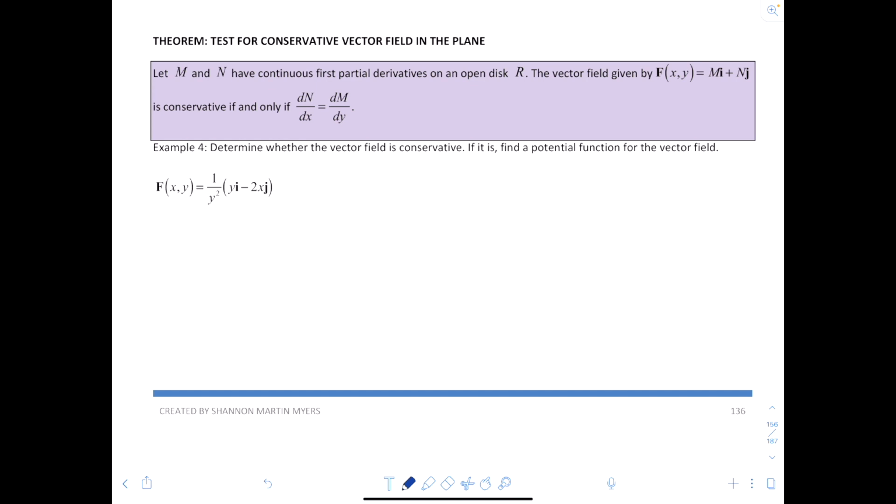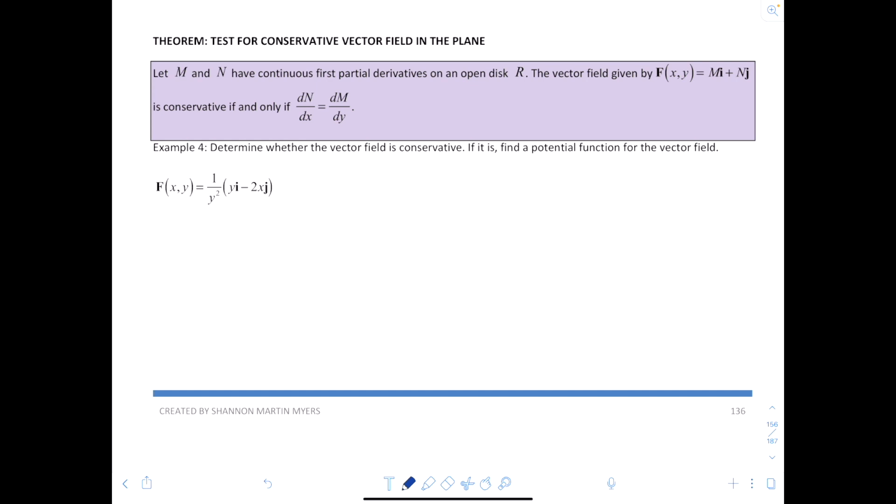So you want to figure out what your M and your N are. Remember that the coefficient of i is your M, and the coefficient of j is your N.